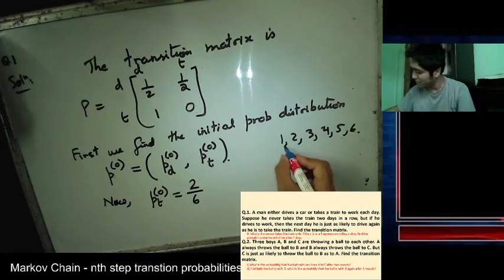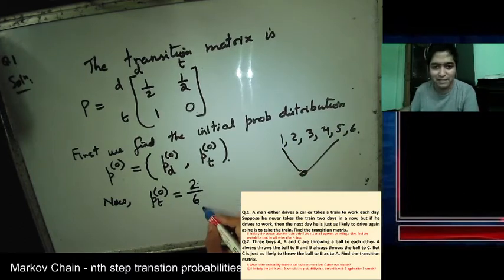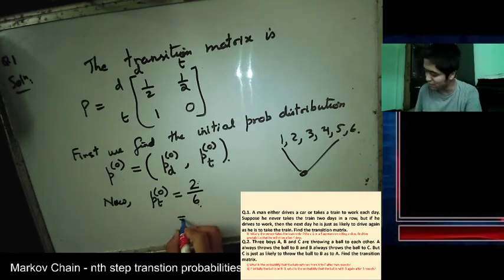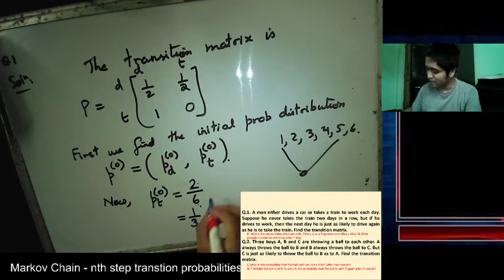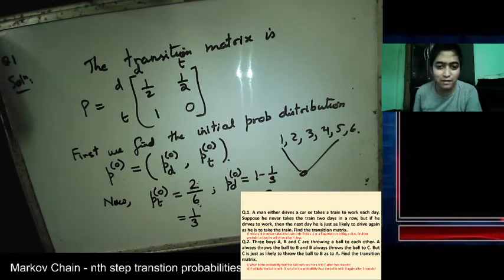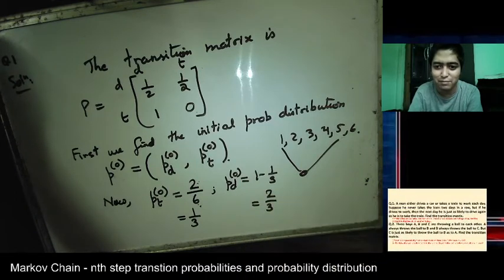If 1 or 5 appears, which is 2 of them, then 2 out of 6, he will take the train. This is 1 by 3. So what about PD 0? It will be 1 minus 1 by 3, which is 2 by 3. So that is how we find the initial probability distribution.